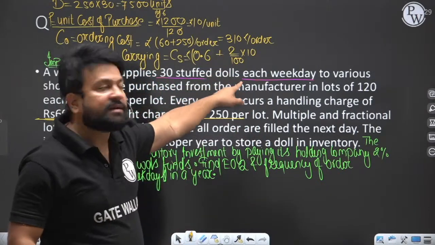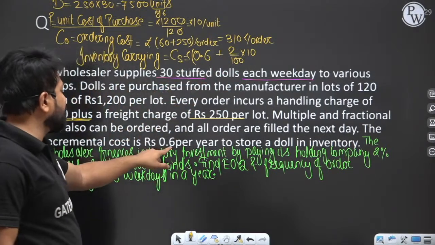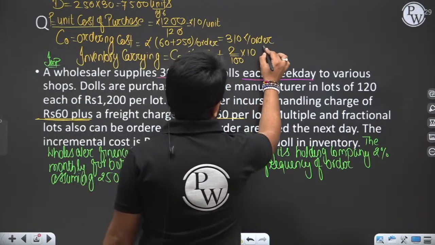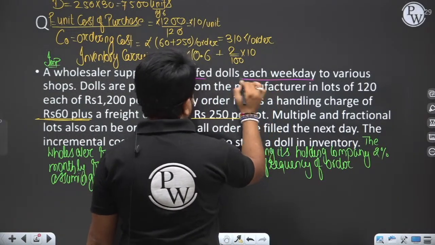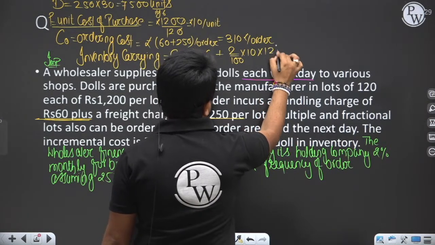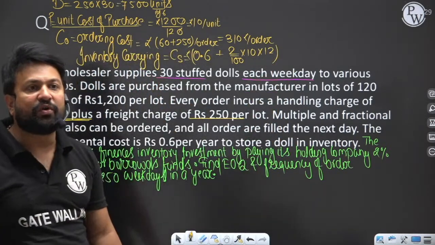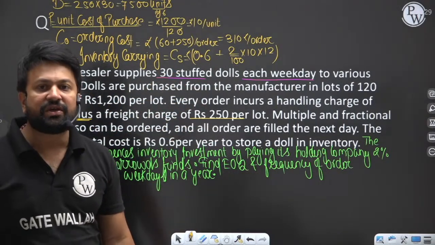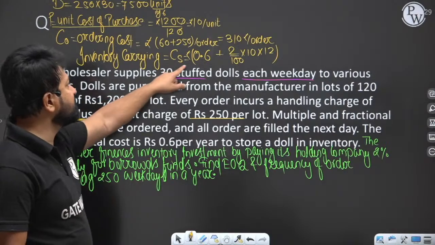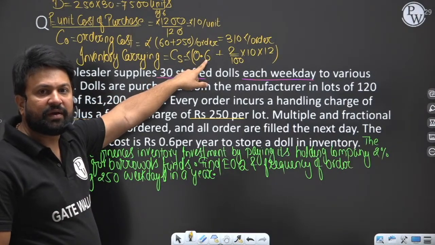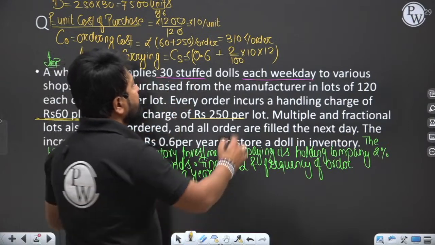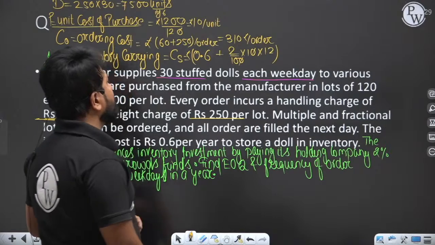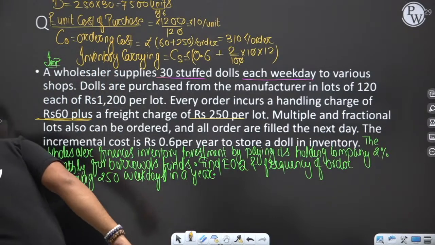But it is monthly, and this cost is annual, 0.6 per year to store a doll in the inventory. So here you have to multiply by 12 for 12 months, that is a year. It will give you the total inventory carrying cost. So it comes to 0.6, so here this one cancels. Okay, 24, what it will become, let me calculate.